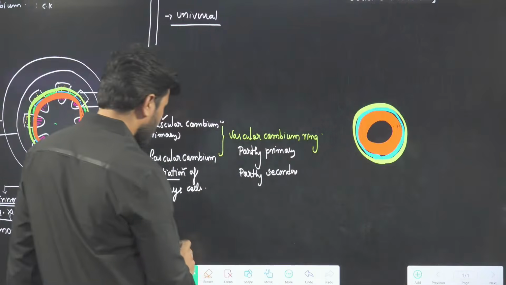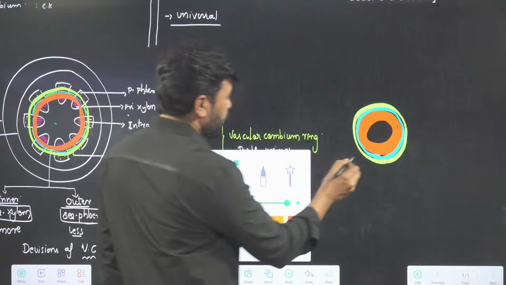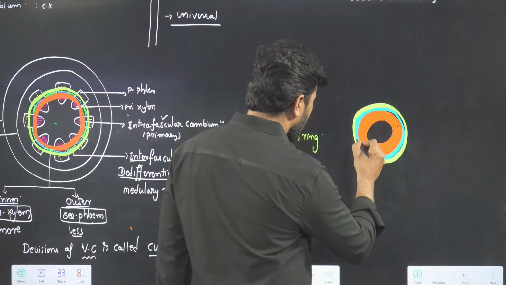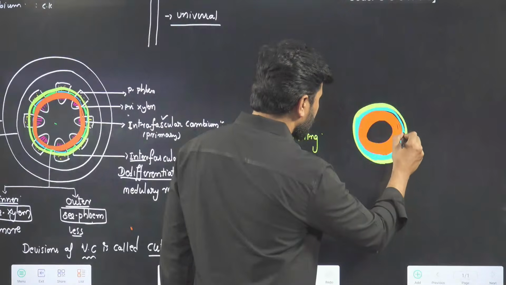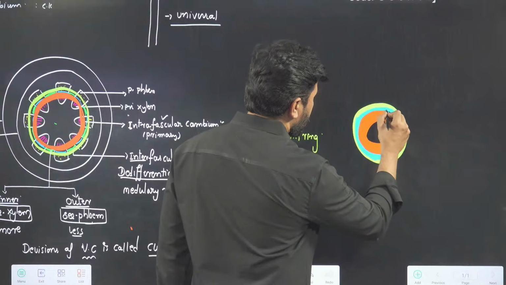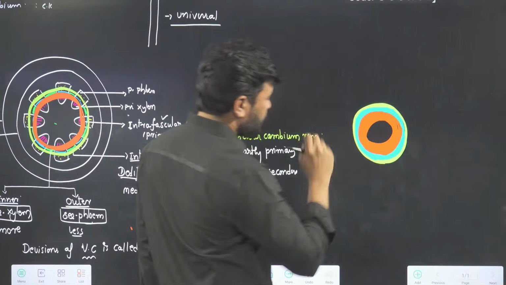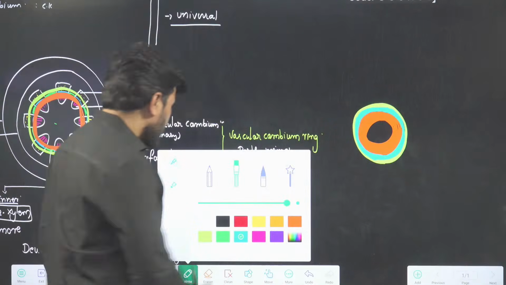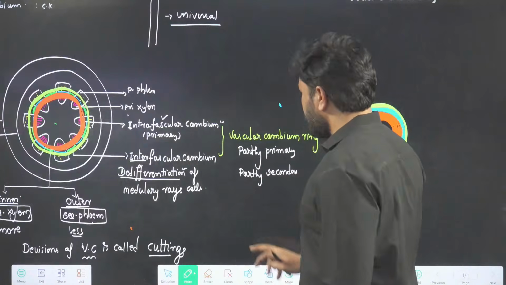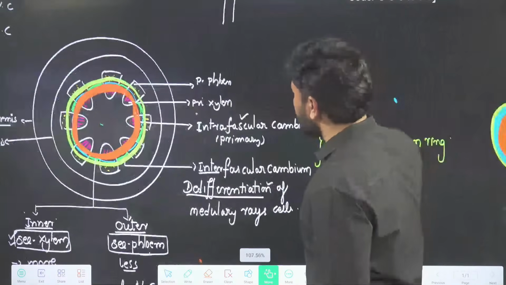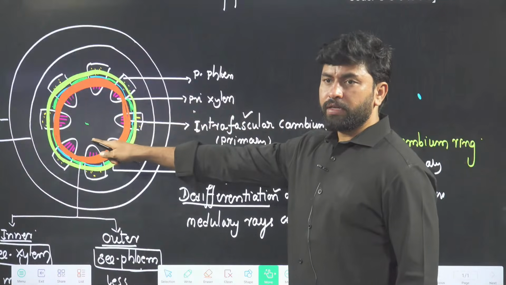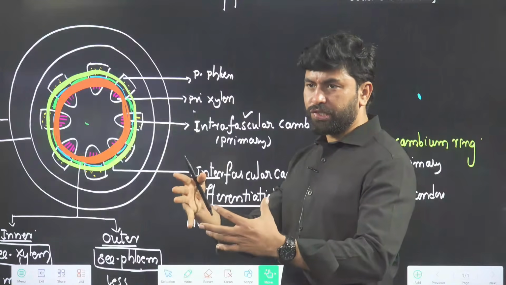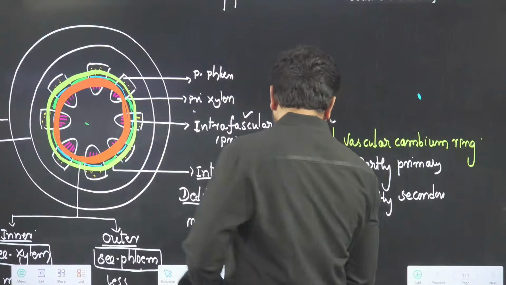Okay. You follow slowly and somewhat patiently. Don't hurry. Then these are the layers. See, nothing I have drawn here. Whatever tissues you have taken here, the same tissues after a few years, how they will be changed, those changes I am explaining.